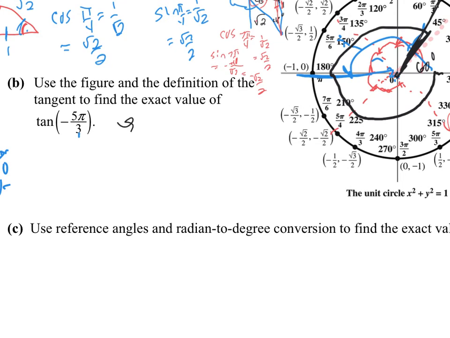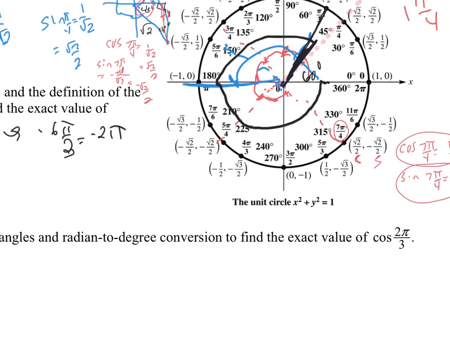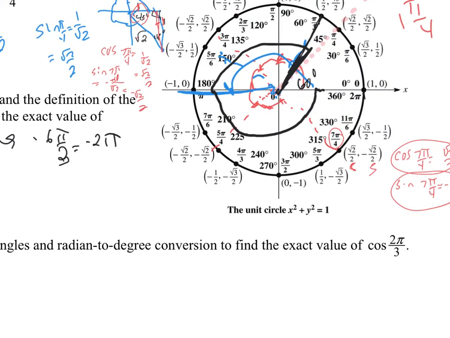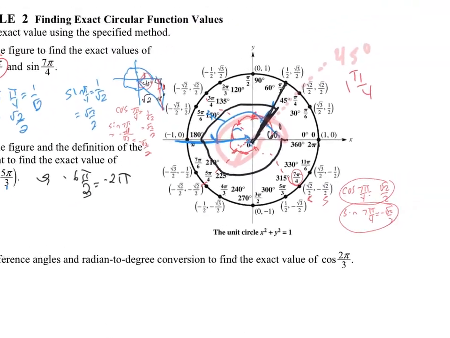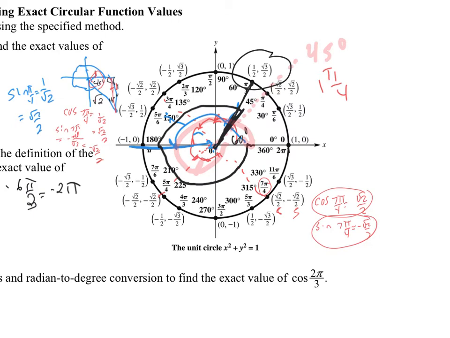If he went all the way to negative 6 pi over 3, that would have been the same thing as negative 2 pi. So 1 more pi over 3 would have taken me all around, going this way, all the way to here. Since he only went 5 of them, then I know I'm stopped right here. So if I'm using that picture, he wants the exact answer of tangent. Here's my ordered pair.